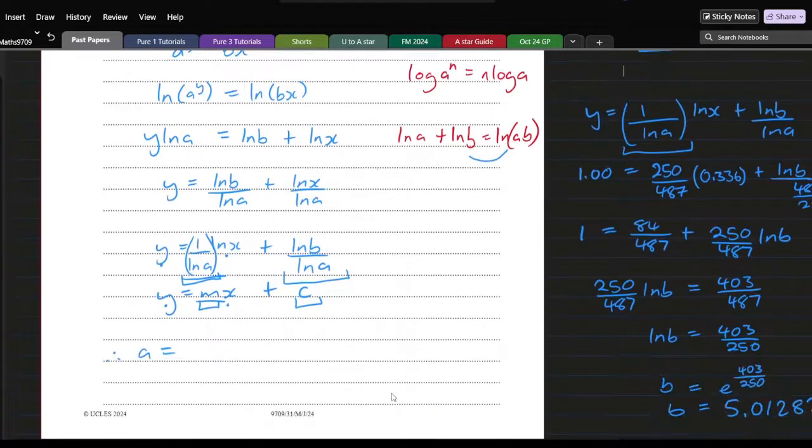So we're looking to put this to the nearest whole number, and then b here would be 5, so b is equal to 5, and this would be our final answer.